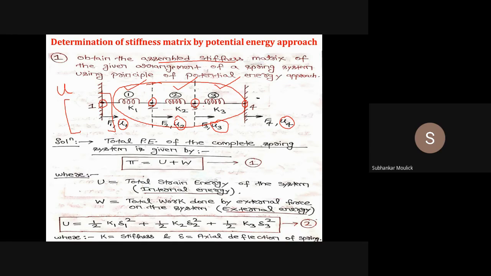If you remember, in the second or third class, we found a stiffness matrix for a cantilever beam in which an axial load was acting, but by the algebraic method. But here we have to use the principle of potential energy approach to find the value of that stiffness matrix.